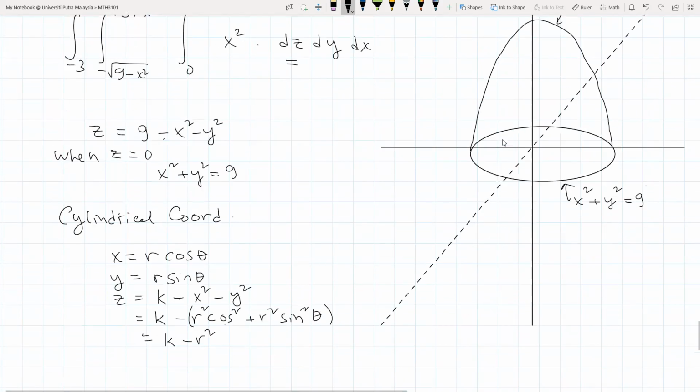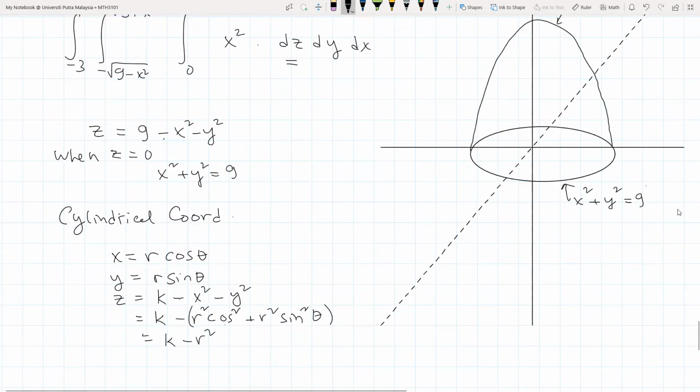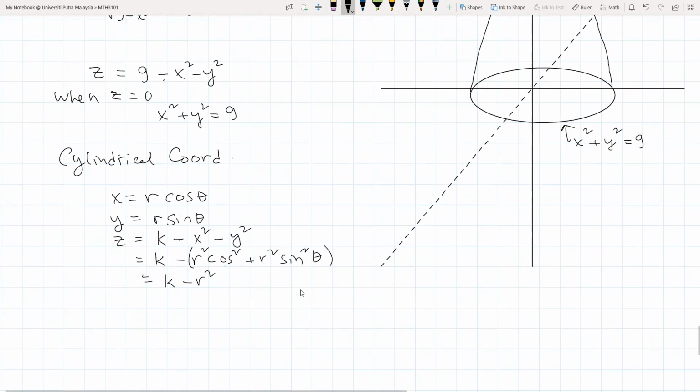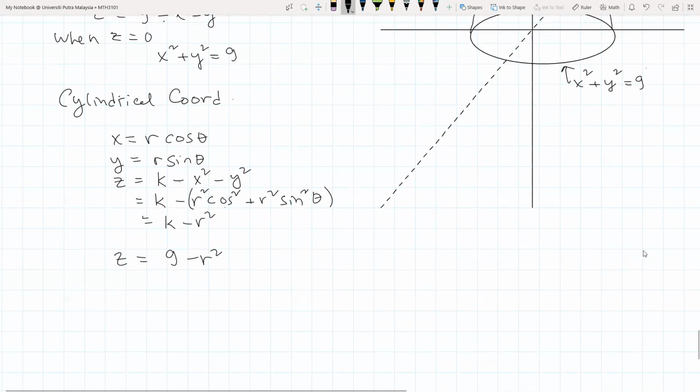Okay, so we knew that k is 9 because the height is 9. So in this case, k is 9. And then how about r? r is 3. So in this case, we have z equals 9 minus r squared, because k is the height of this one.